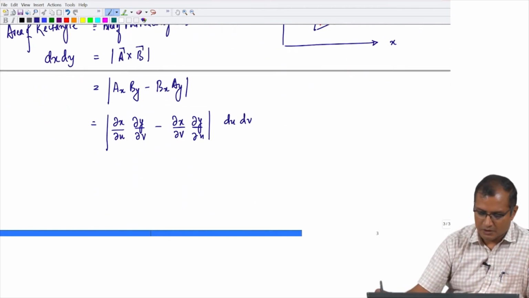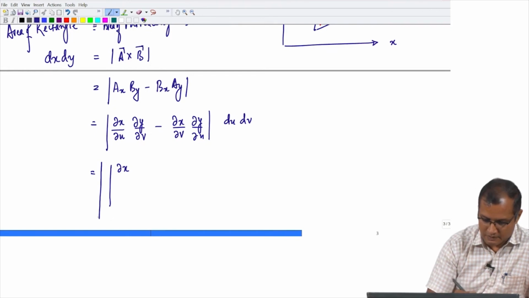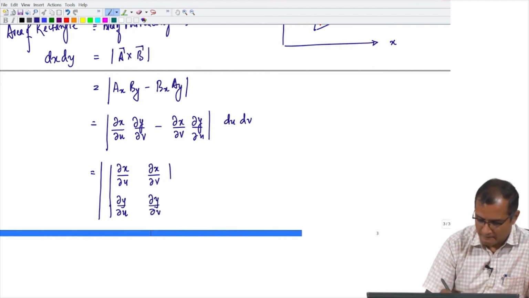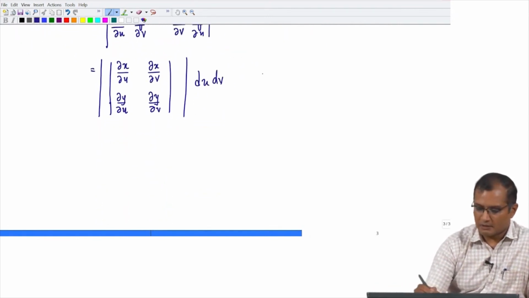Okay. So, then this can be written in the form of a determinant. The outer vertical line is for the mod, okay. So, this is nothing but the Jacobian of the transformation.